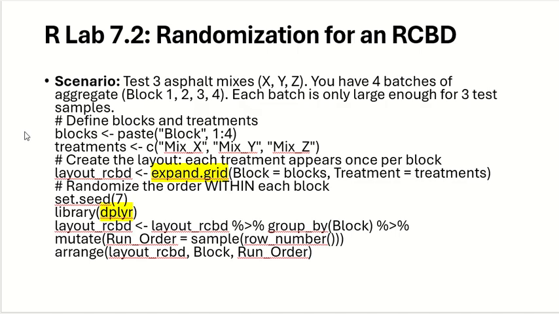Sorry, 3 blocks. We have 4 blocks, each repeated 3 times, because each batch is only good enough for 3 test samples. Each mix is repeated. The point here is the number of repetitions.